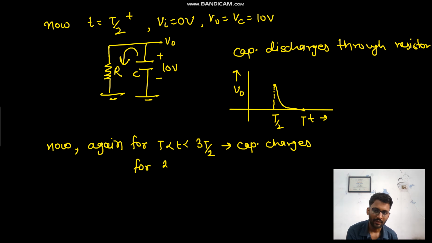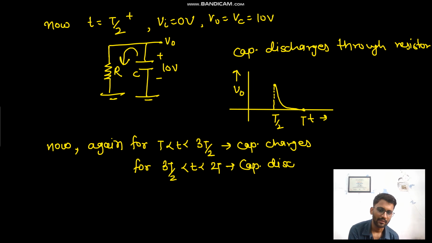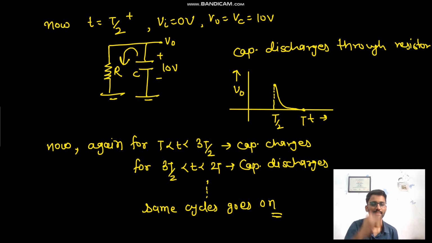For 3T by 2 to 2T, the capacitor discharges, and the same cycle goes on. There will be complete charging and discharging.